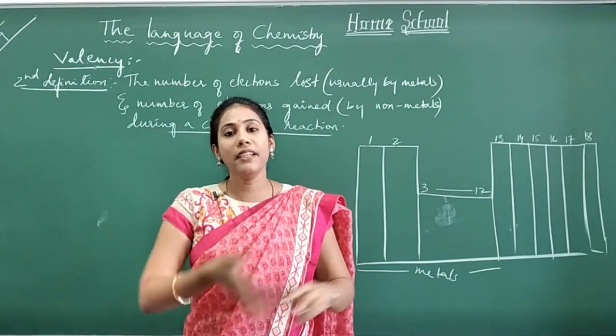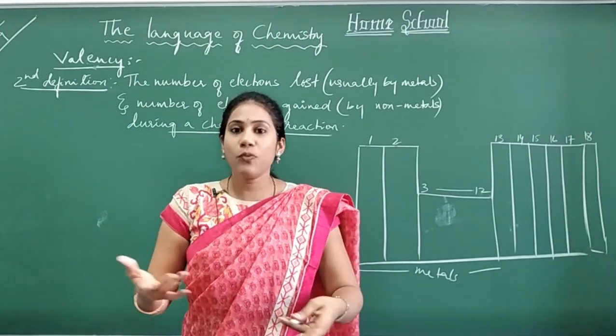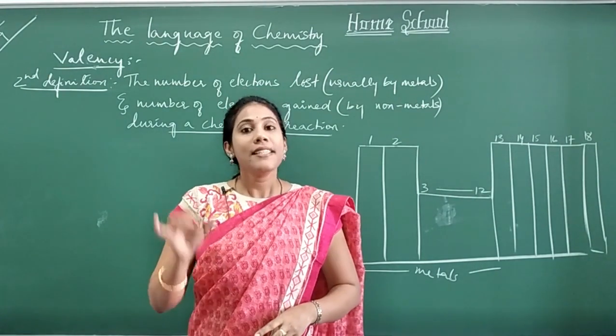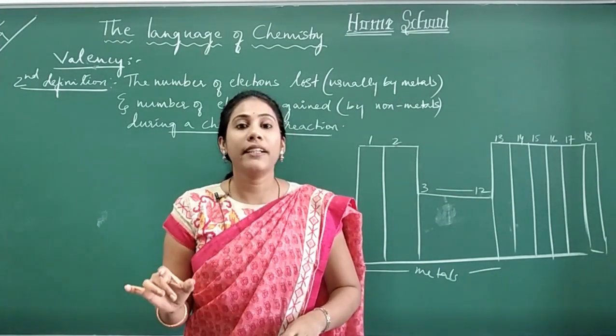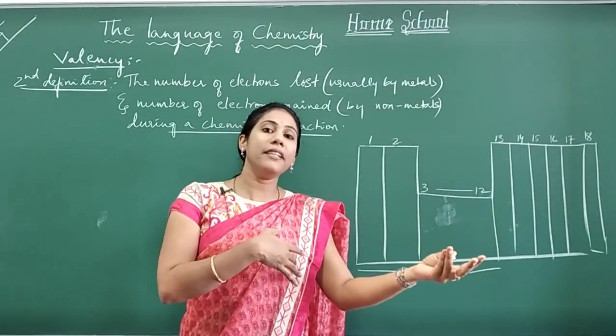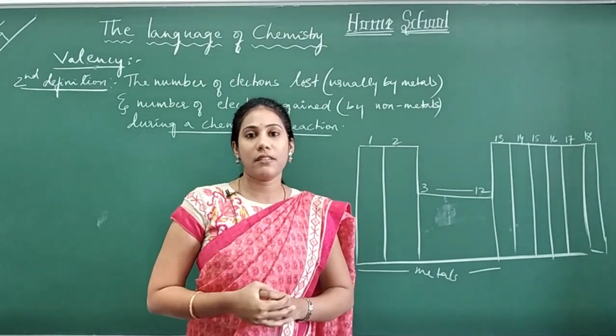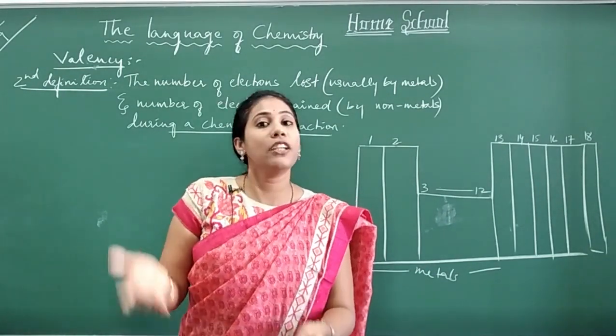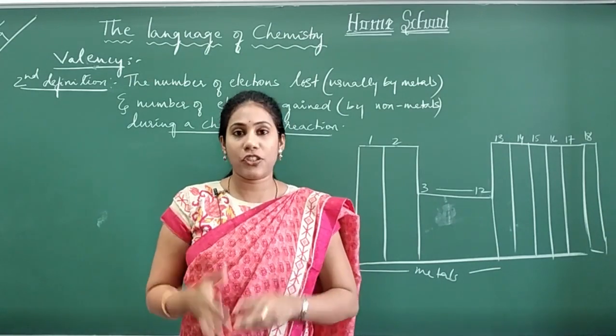Some people give money and some people take money. That's what we call business. But in chemistry, a chemical reaction means some elements give electrons and some other elements take those electrons. This giving and taking of electrons we call a chemical reaction.